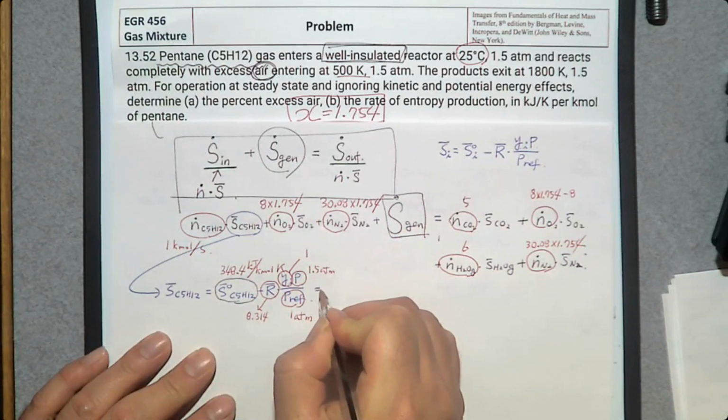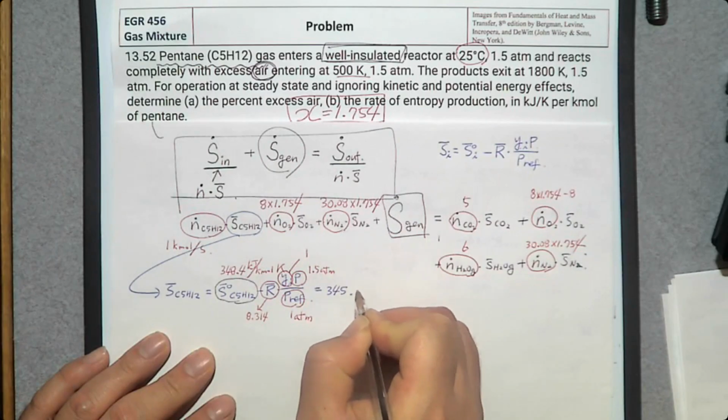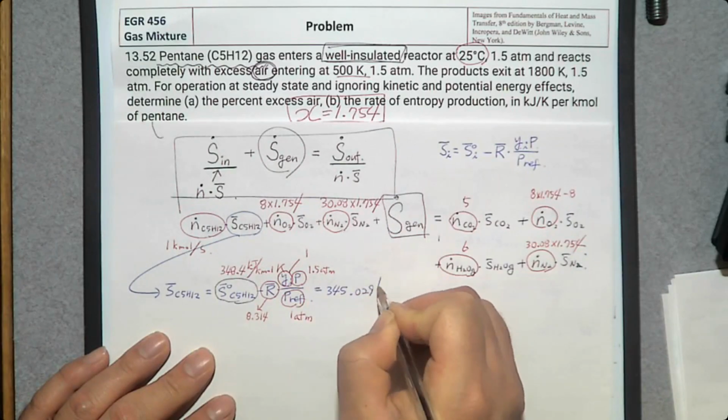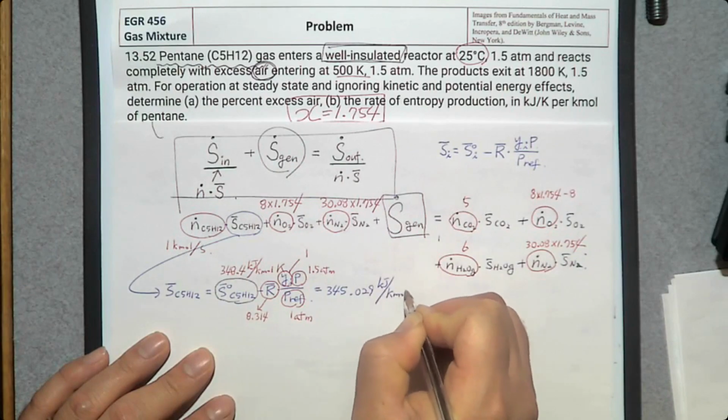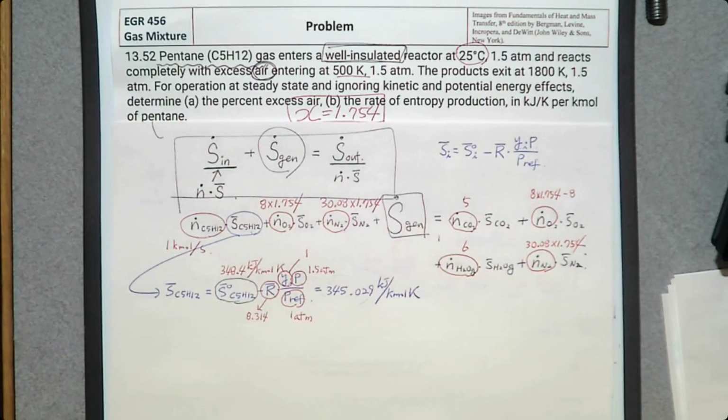Then this is going to be 345.029 kilojoule per kilomole Kelvin. So this number goes in here. Now, that was simple because there was only pentane in that inlet.